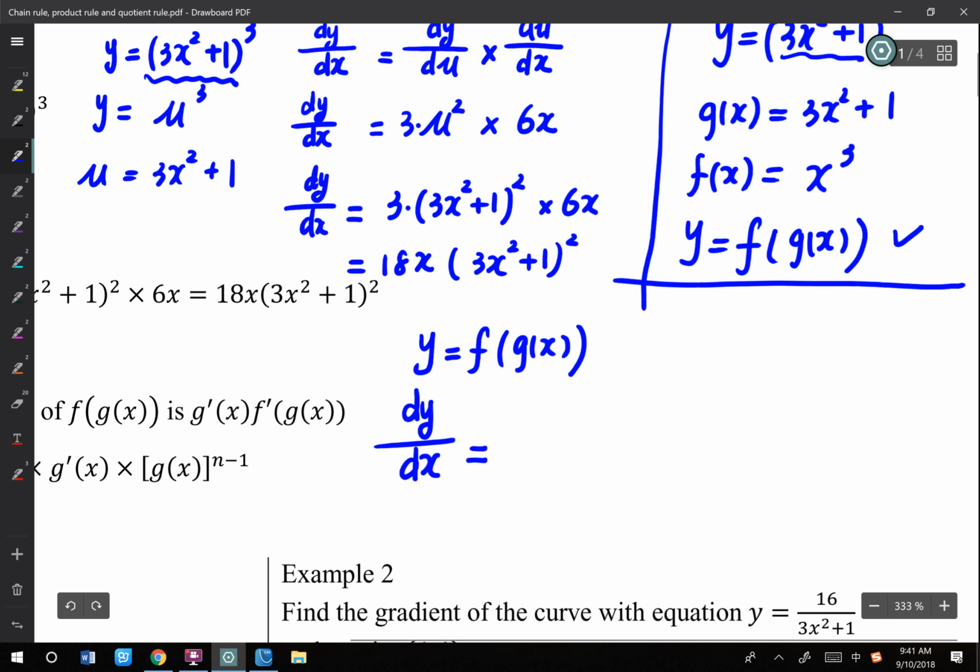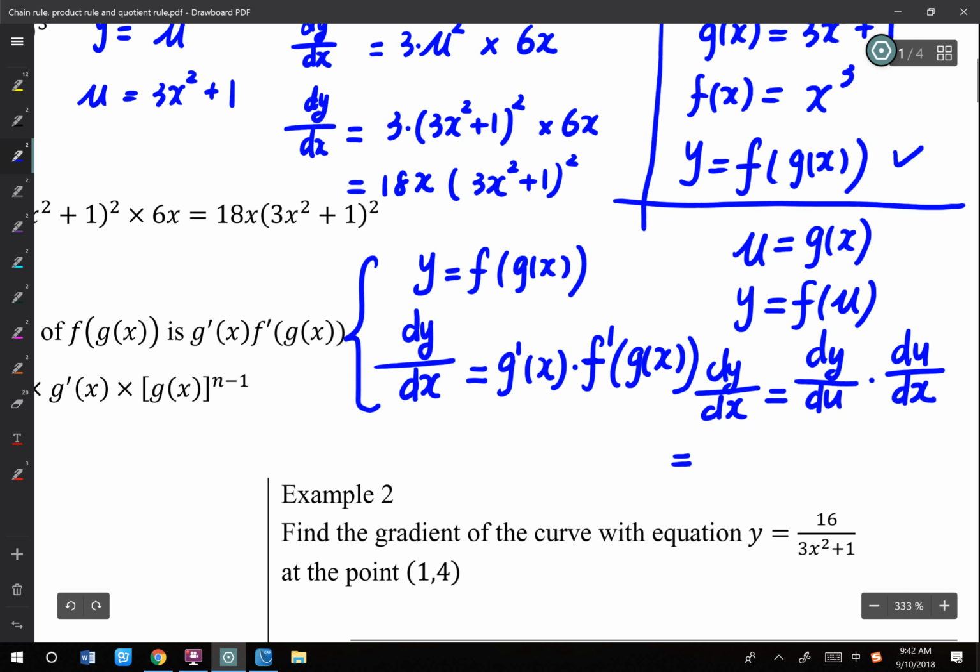So what's dy/dx? dy/dx equals dy/du times du/dx. dy/du is just f'(u).